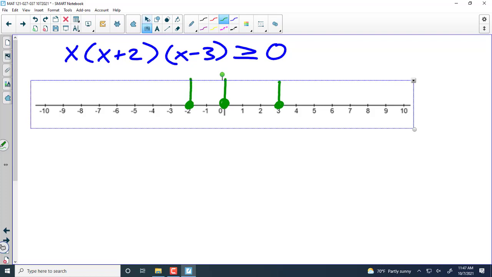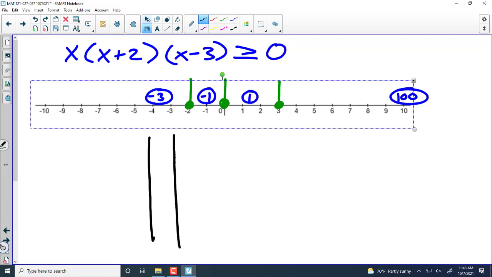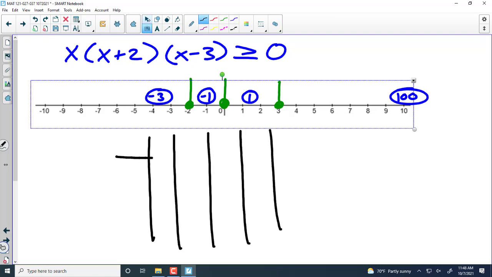Then you come up with 4 sample numbers. In this case, -3, -1, 1, and this time I actually will use the 100. Now let me show you something neat.